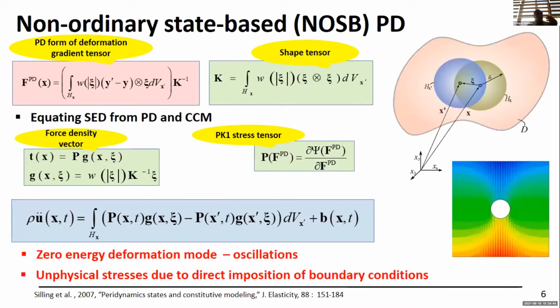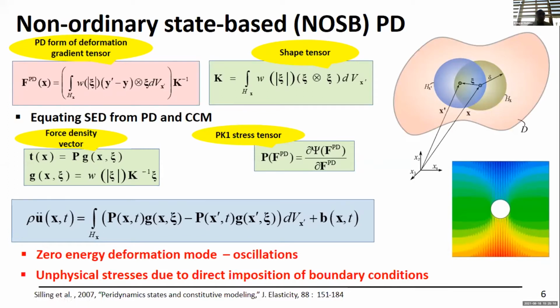So if I look at non-ordinary state-based peridynamics, and I'm going to use the classical constitutive models, that means I have to have a peridynamic representation of the deformation gradient tensor. And this was introduced in 2007. Here, omega is a weight function, which controls the degree of interactions.